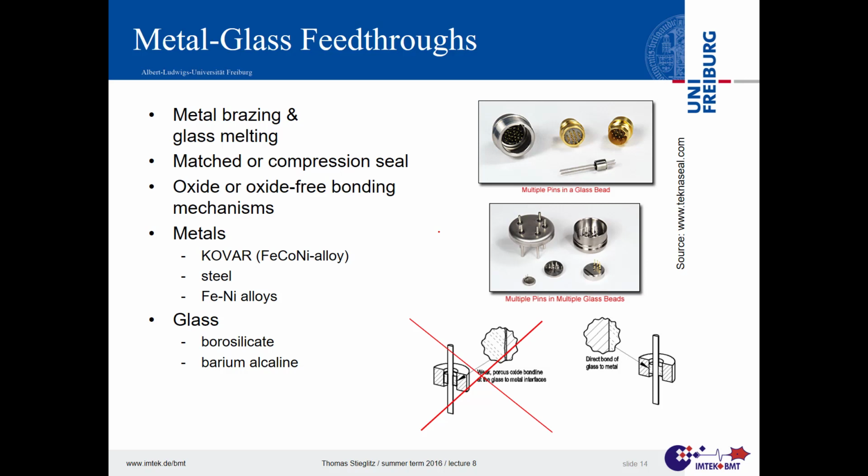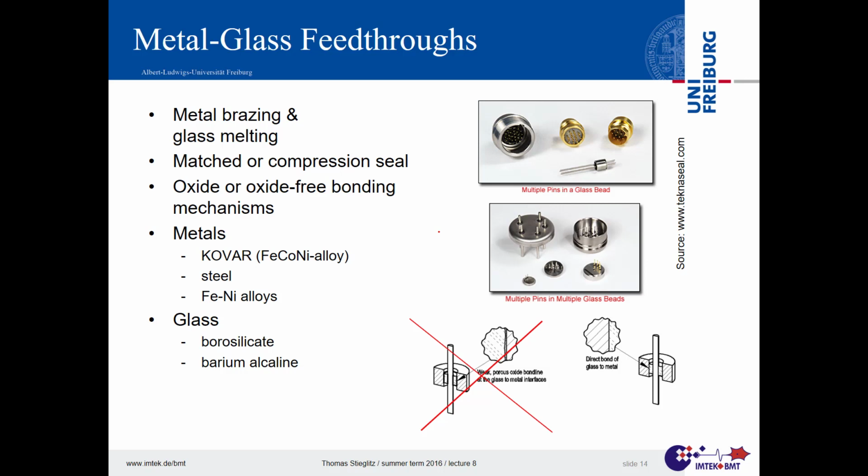That means you choose your thing such that the ring around has a larger thermal coefficient of expansion than the glass. You make it warm, you put it together, and when it cools down, it presses from the outside on the glass and on the pin.